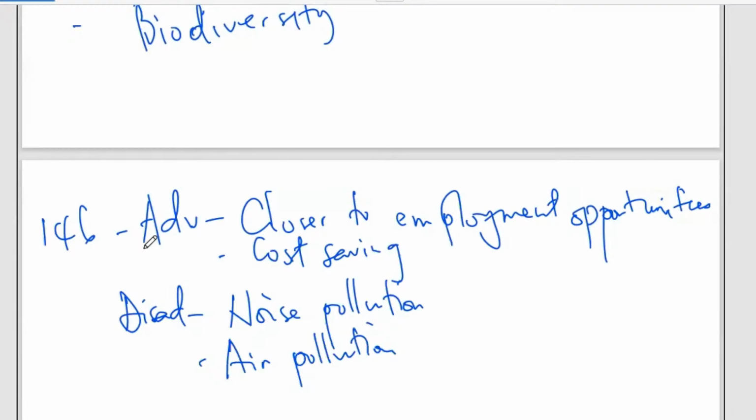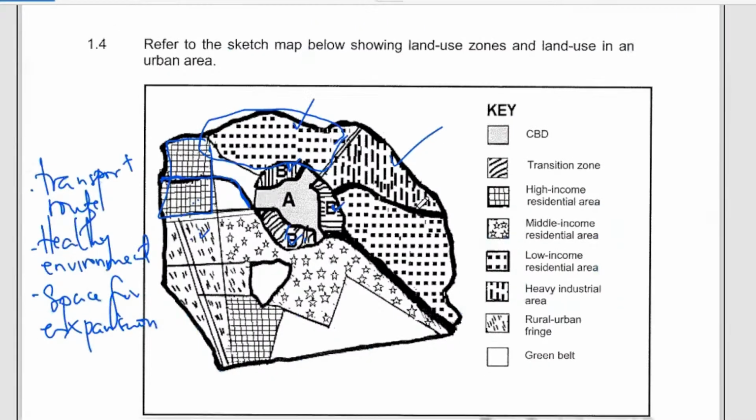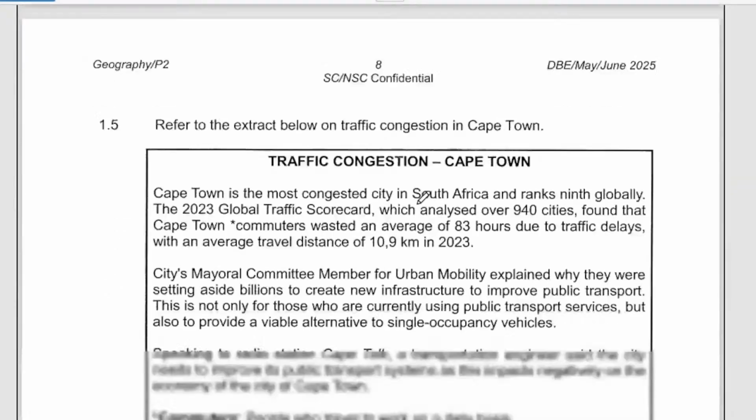Right, we move on to the next question. We are done with question number 146. We move on to question 1.5. It's an extract on congestion in Cape Town. We are going to analyze the questions and try to figure out the correct responses.